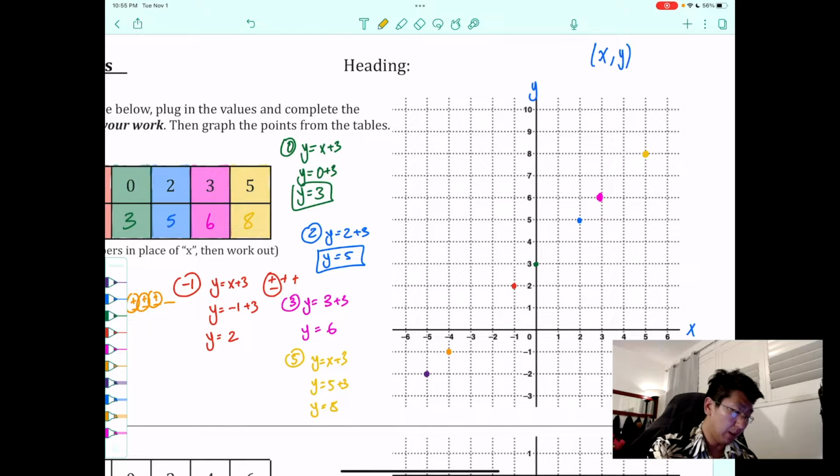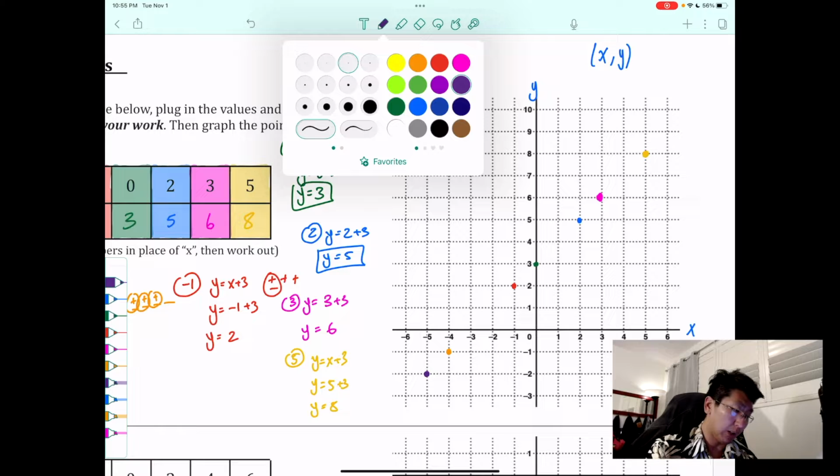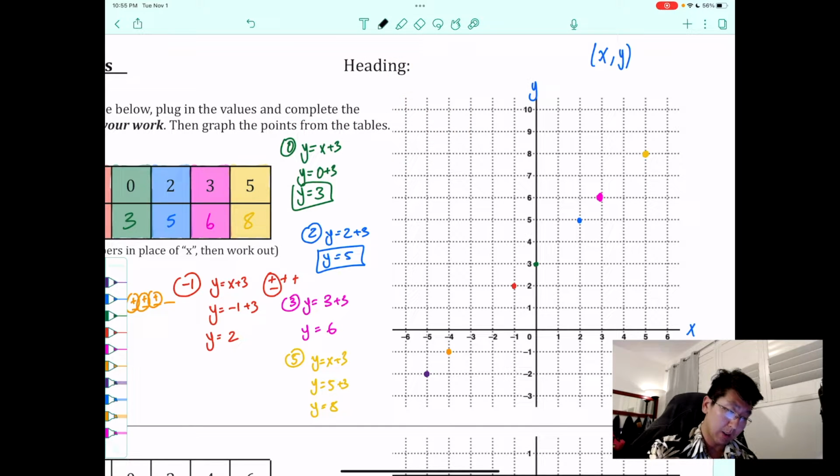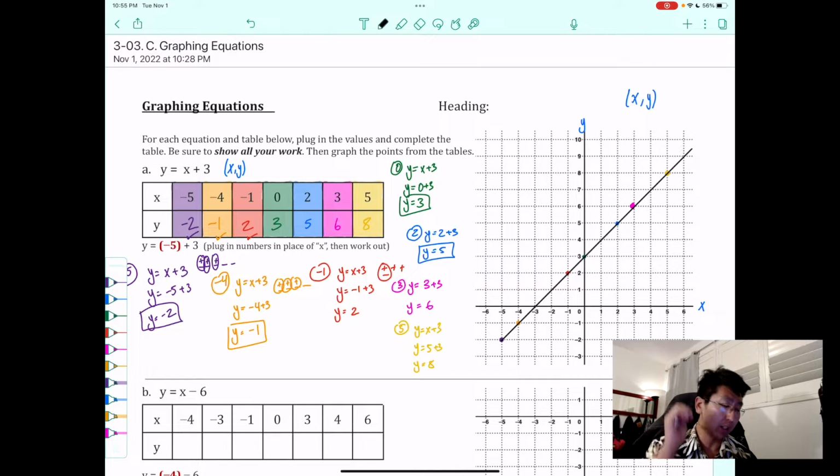Alright. What I'll do is I'll draw a line when I'm done. I'm going to connect the dots basically. And so these points should create a line. So there's our first example. This is how we graph equations.